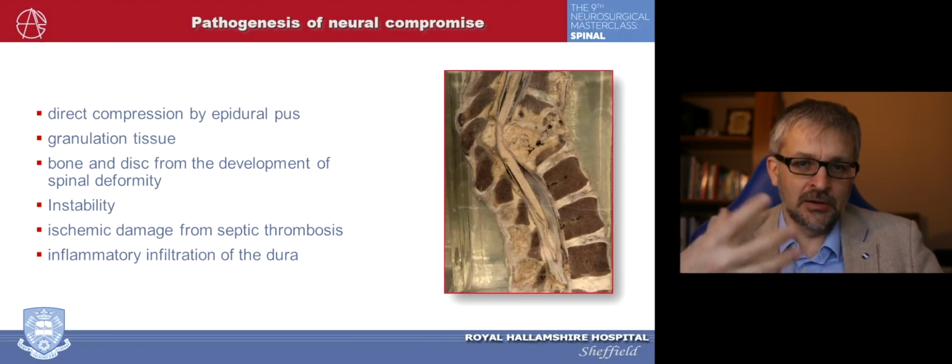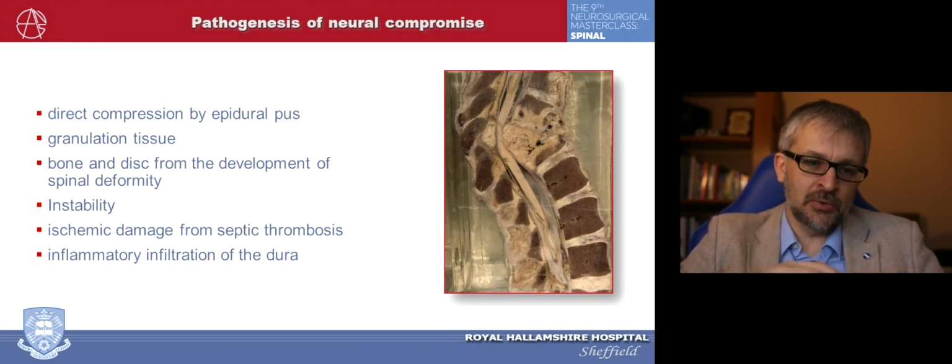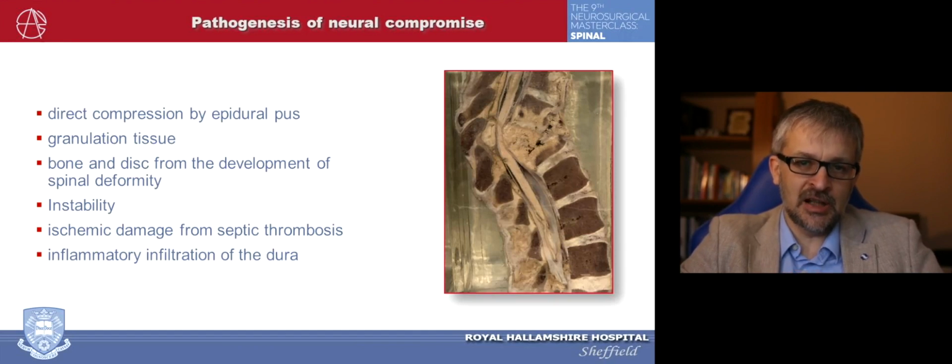It could be granulation tissue, which is also increasing in size and compressing the neural tissue, or the infection can destroy the bone, and fragments of bone can dislodge and compress the spinal cord. At the same time, there may not be direct compression, but because of the infection, the spine is getting unstable at a specific level. This instability may cause some additional bruising to the spinal cord and be responsible for the neurological deficit.